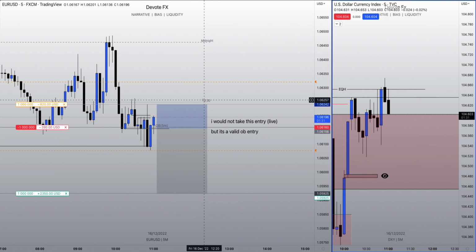Here I'm looking for dollar not to have any candle closures inside of the daily volume imbalance, the large pink box. I want to see that act as a strong support.